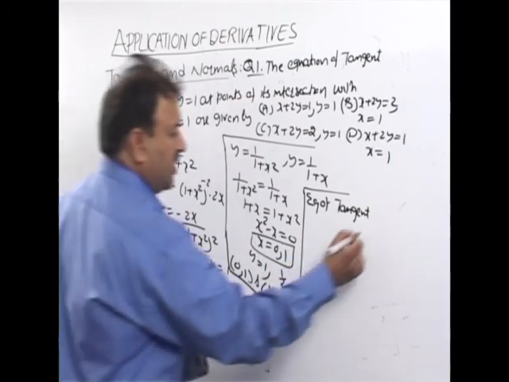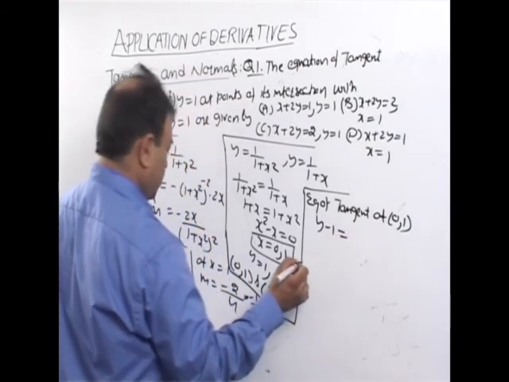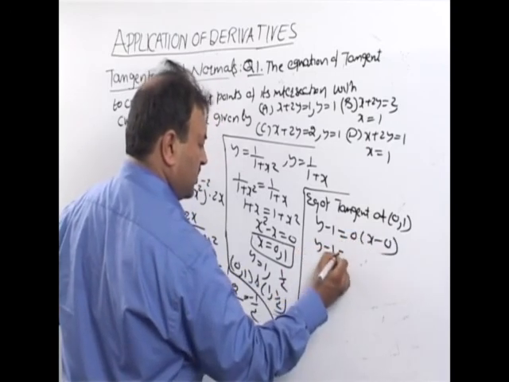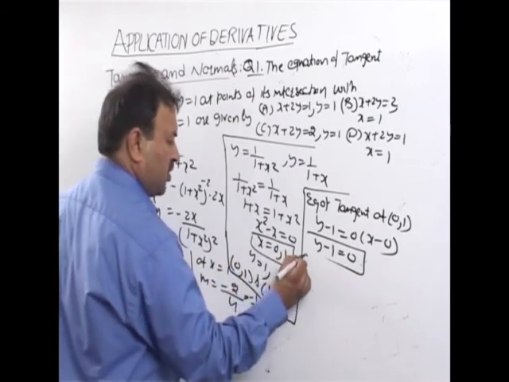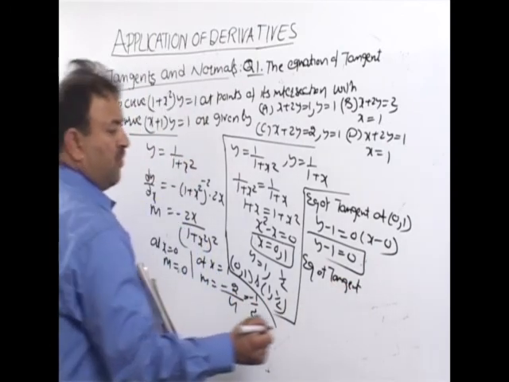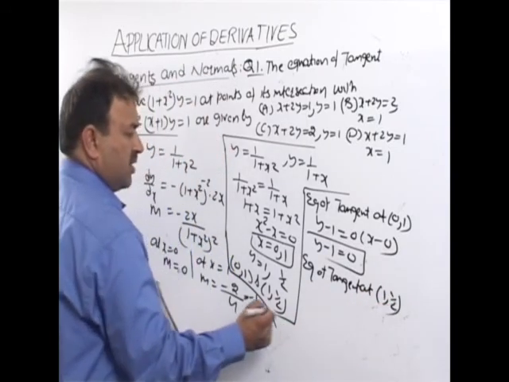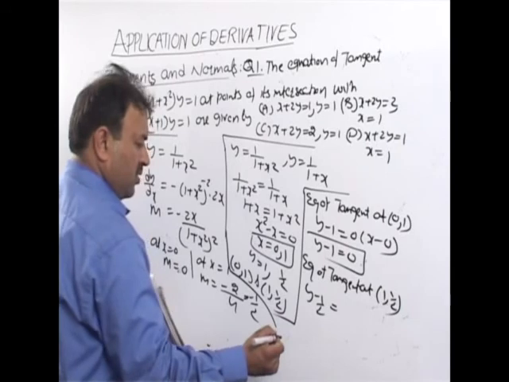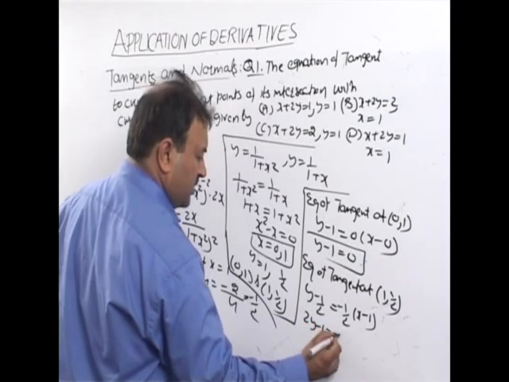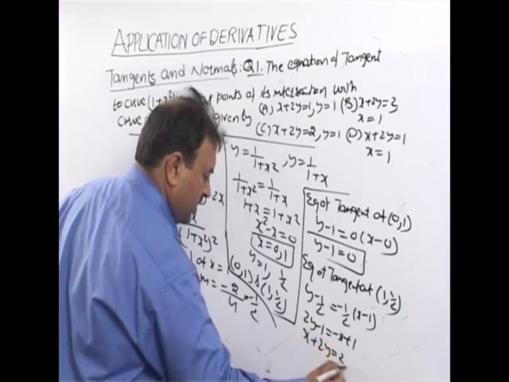So the equation of tangent at (0, 1) is y minus 1 is equal to 0 into x minus 0, that is y minus 1 is equal to 0. The equation of tangent at (1, half) is y minus half is equal to minus half into x minus 1, so 2y minus 1 is equal to minus x plus 1, which is x plus 2y is equal to 2.